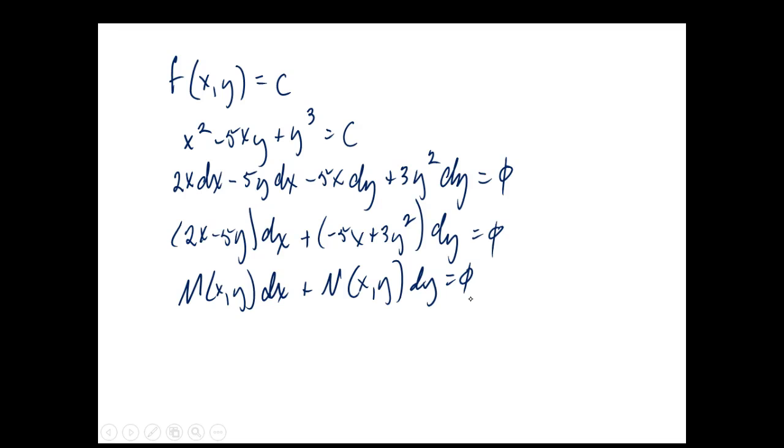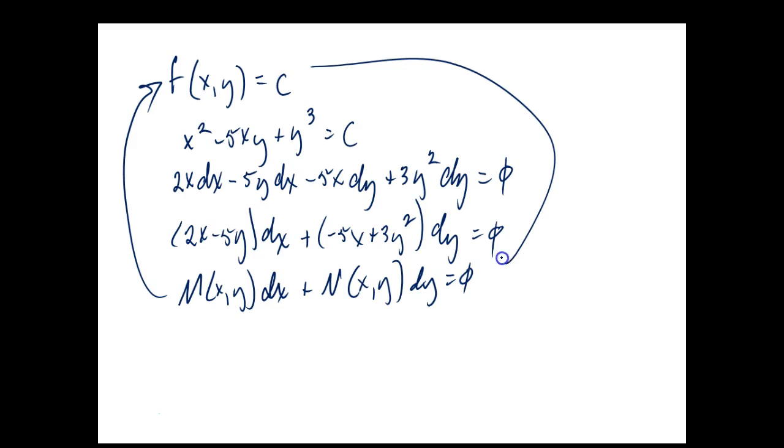You can make up some functions that fit this bill that you can't possibly solve. Not every first-order differential equation written in differential form corresponds to a differential of a function f of x,y. Any of these will produce something like this, but this won't necessarily produce that. You won't always be able to go the other way.